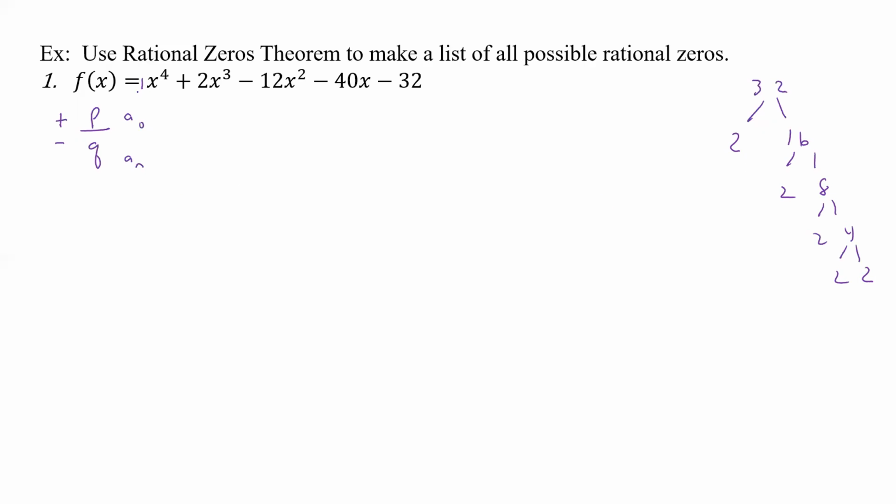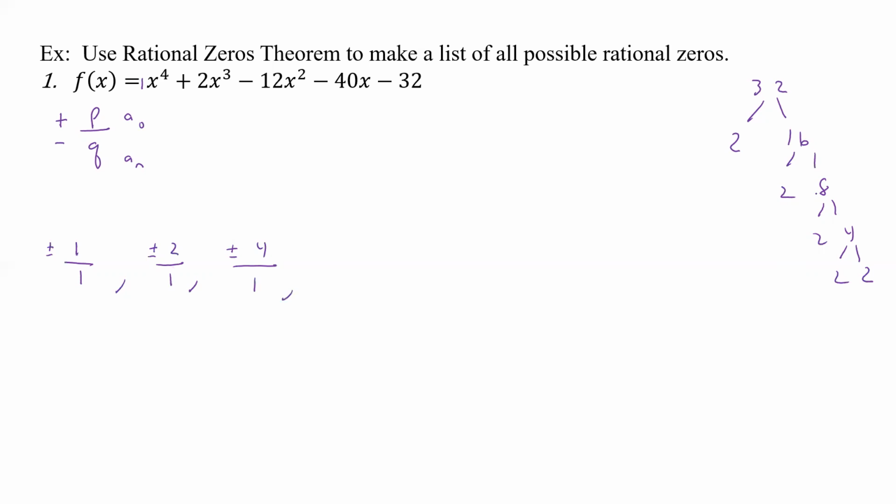And so what we're going to do now is say, okay, well, we'll have a sub 0. So we could have a 1, so we could have plus or minus 1 over 1. We can have 2 over 1, because that's one of these factors, so plus or minus 2 over 1. We could also have a 4, so plus or minus 4 over 1.